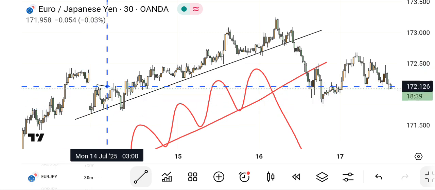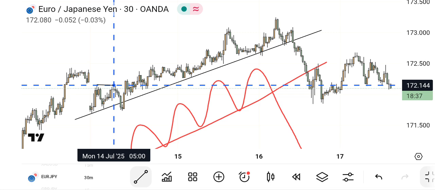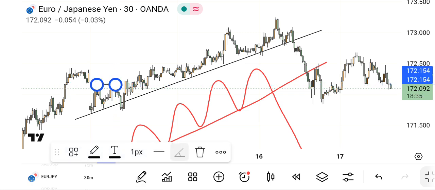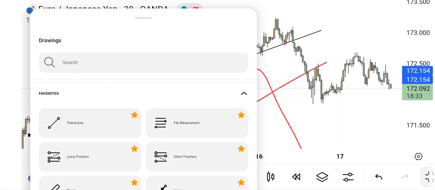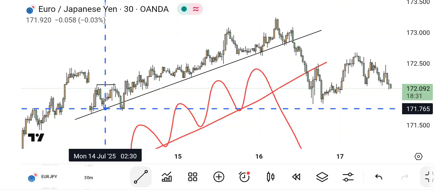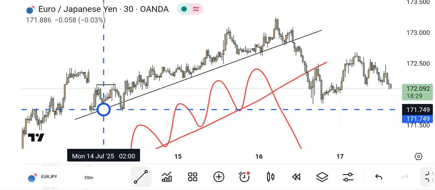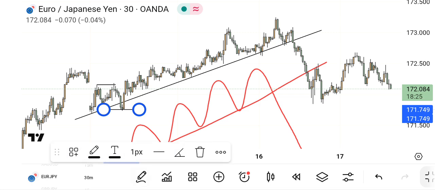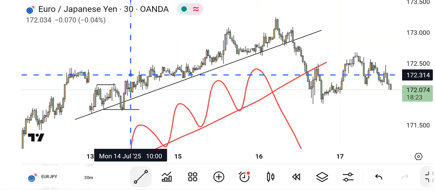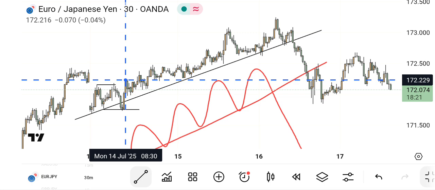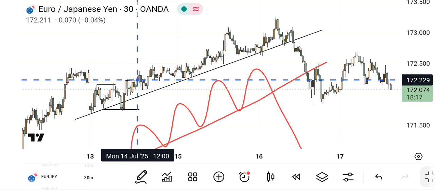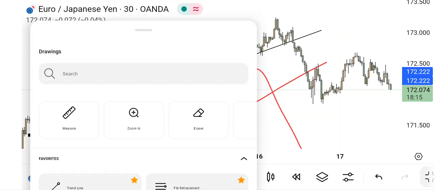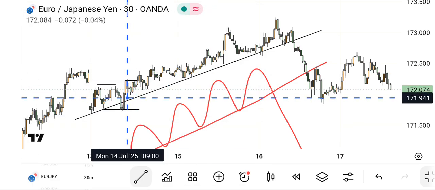So this one, we have this, which gives us this low. We also have this high, that gave us this low.